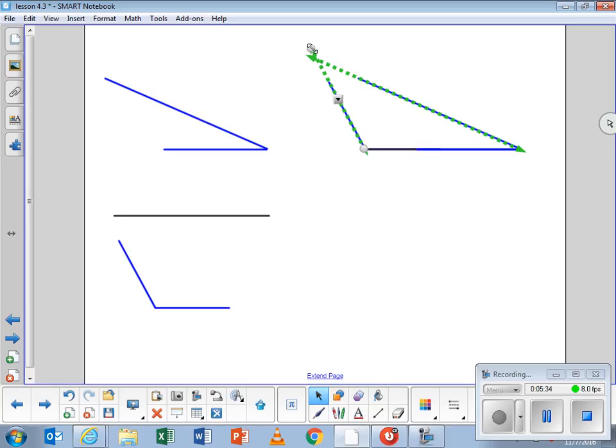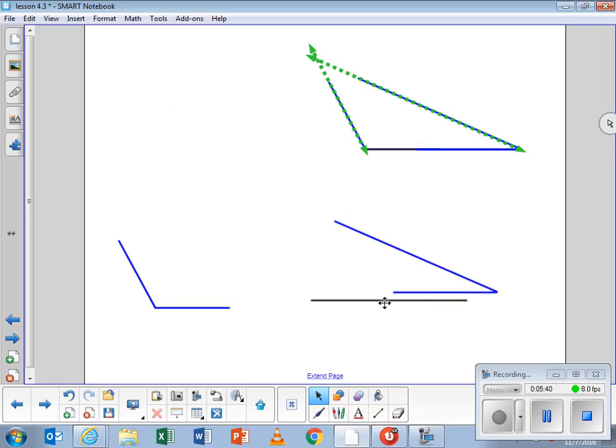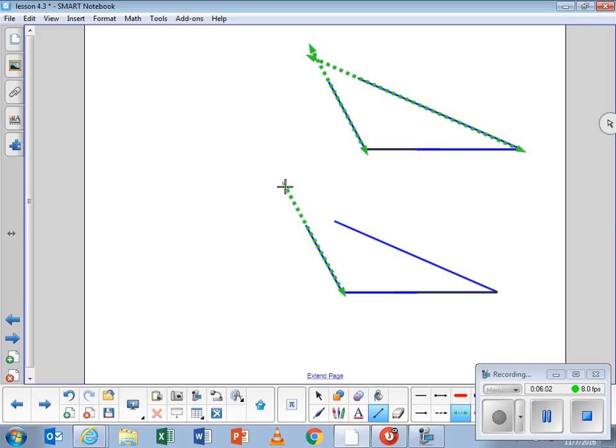And if I built this one over here the same way, I'm going to start with this angle just like I did over there. I'm going to put this side on there so that it goes right to the vertex. And I'm going to put this angle on there so it goes right to the end of that side, so it looks like that. And then I'm going to draw out the rest of these sides.